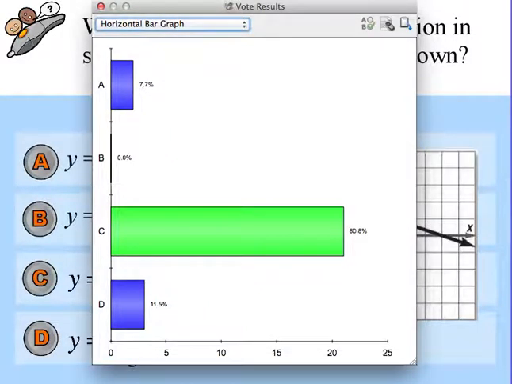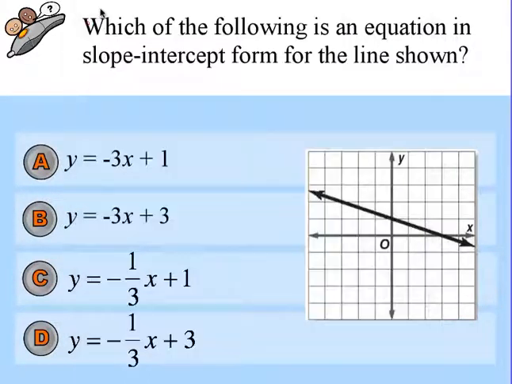Letter C. Nice job. Okay, so let's real quick look. First thing I'm going to do is find the y-intercept. The y-intercept in this case is positive 1. So once again, you could actually eliminate B and D from the get-go. Now what I need to do is find the slope. To find the slope, I'm going to look at the pink dot and the purple dot.